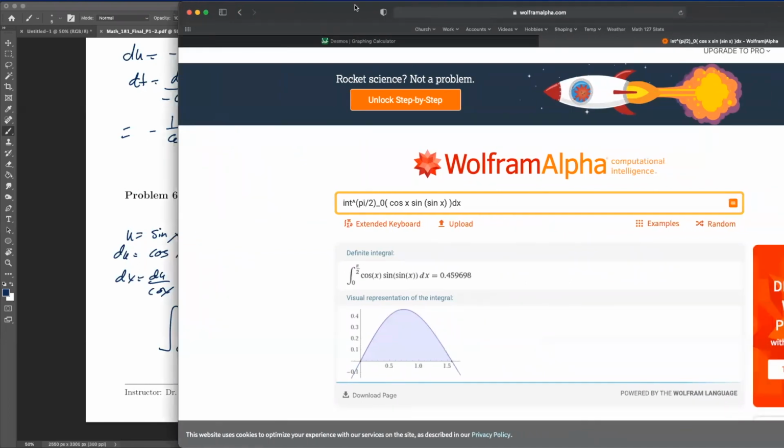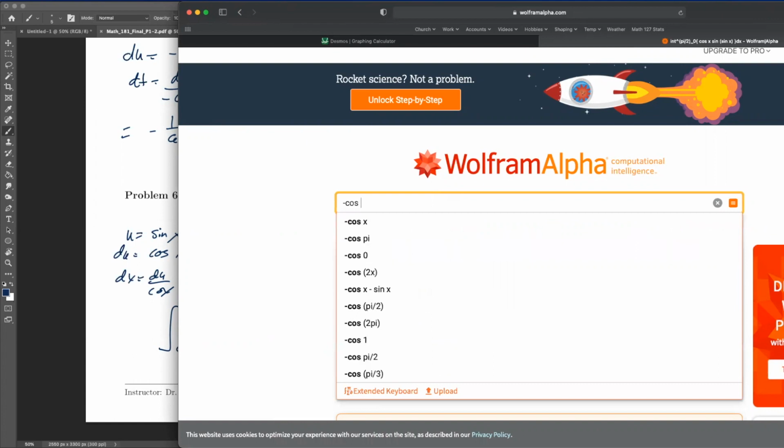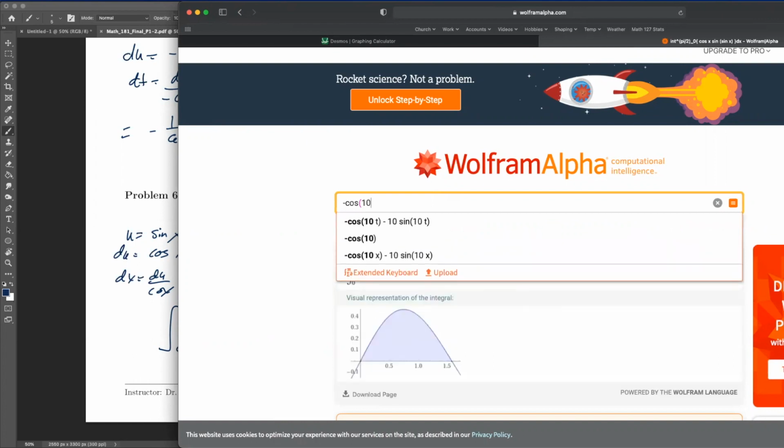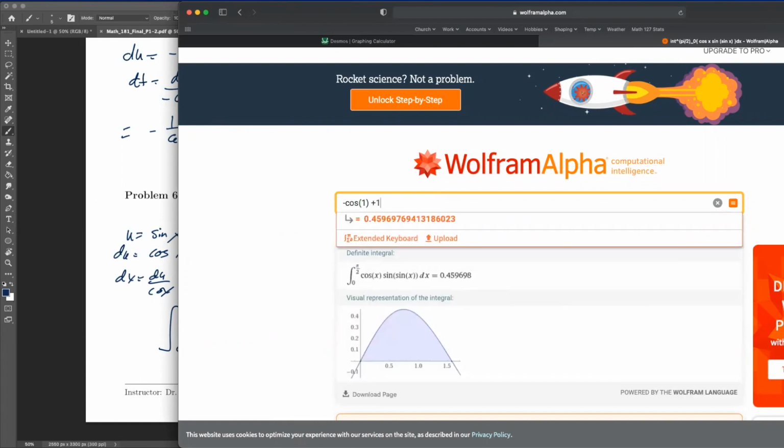So that gives me a number. Well, is that what I calculated? No, but it gives me 0.56777. Let's just type in negative cosine of 1 plus 1. Oh, look, those numbers are the same.